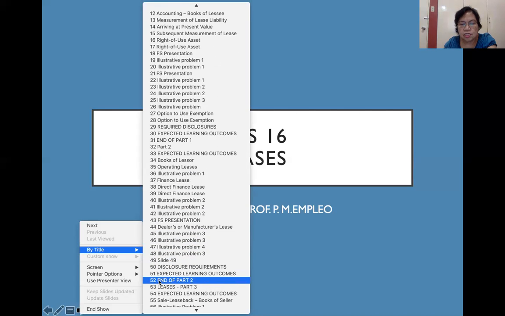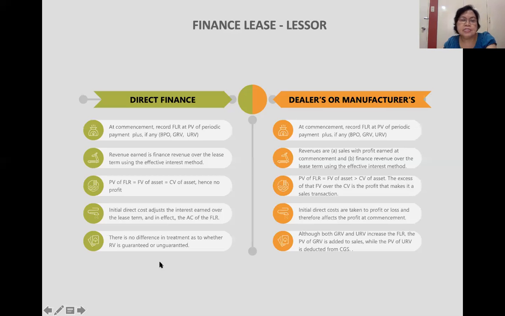So see how long the topic list is. Okay, so again here, this is comma, and then here, present value of finance lease receivable is equal to the fair value of the asset, but that fair value, which is the selling price, exceeds the carrying value, and that excess is the profit, and that profit defines the lease as dealer's lease or manufacturer's lease.